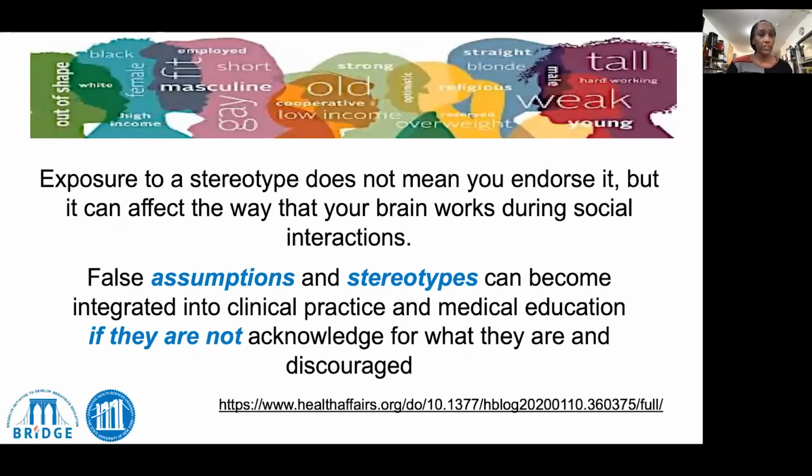And the truth is, we're exposed to stereotypes all the time, but that doesn't mean that we're going to endorse these stereotypes or these ageist assumptions or comments.